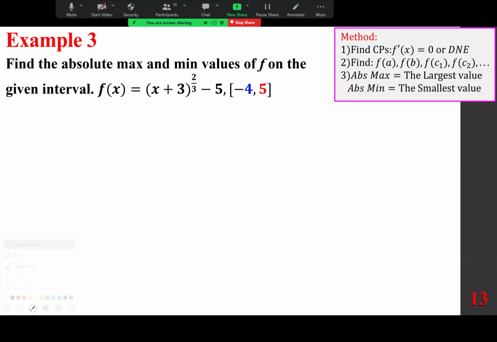So first notice, we can rewrite this as f of x is the cube root of x plus 3, squared, minus 5.